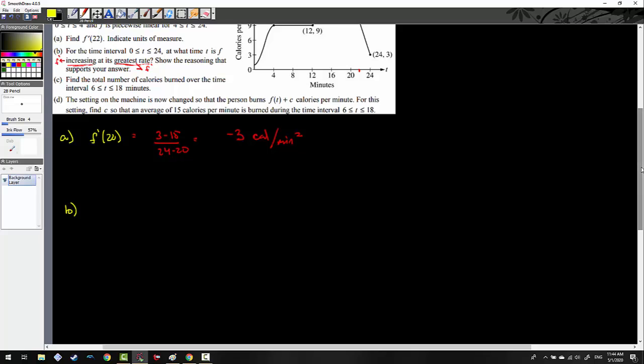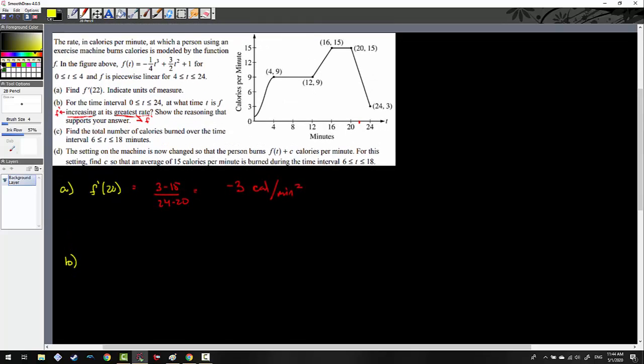Now, a couple things. One, before I even do any calculus, there are a couple of places on this graph that are automatically disqualified. I'm going to write those down. I know that from 4 to 12, union 20 to 24 are disqualified. That's because at those moments in time, f prime is either equal to 0 or it's negative.